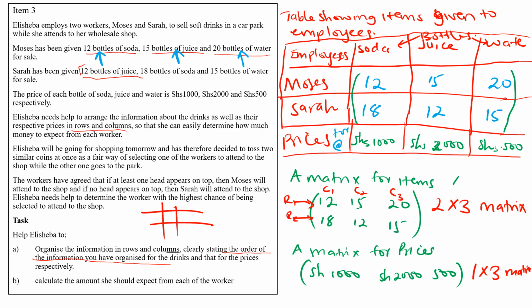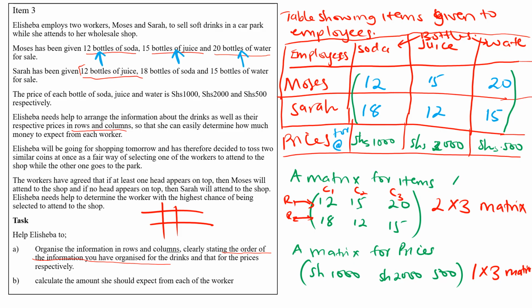Now for part B, it's all about multiplication of matrices. When you're multiplying, if items make the columns, then here we should have prices making rows. But unfortunately, here in my matrix, I would have organized it as a column matrix. But from the table, I never wanted to bring issues, so I've extracted it as a row matrix.